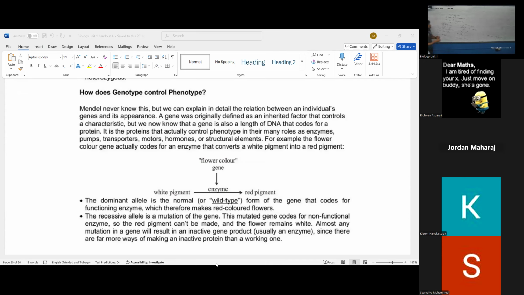So this time we do coloration and texture or shape. So these are two different characters, right?